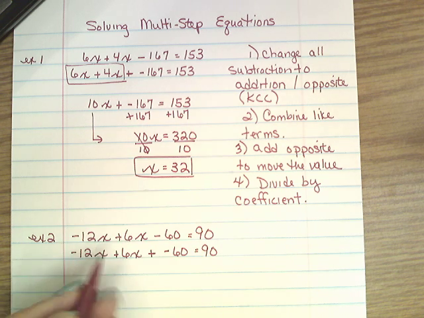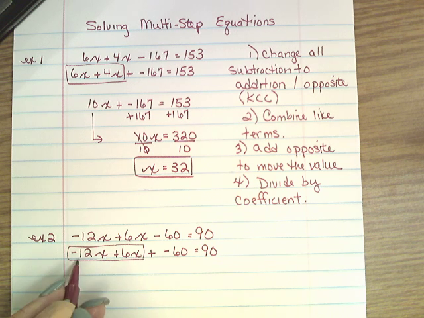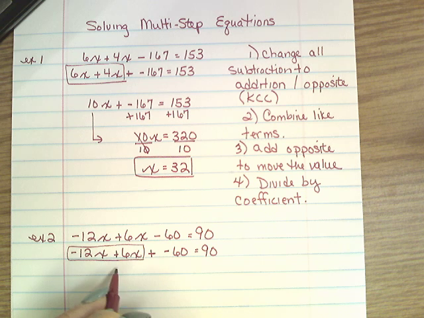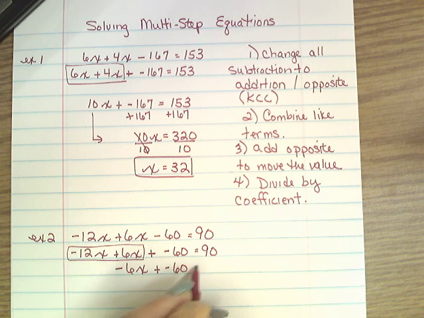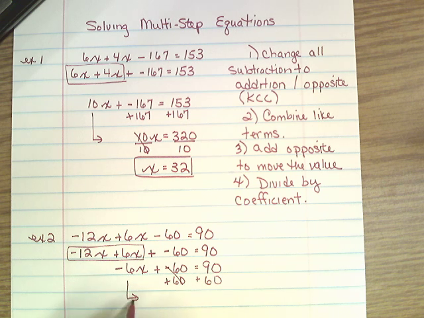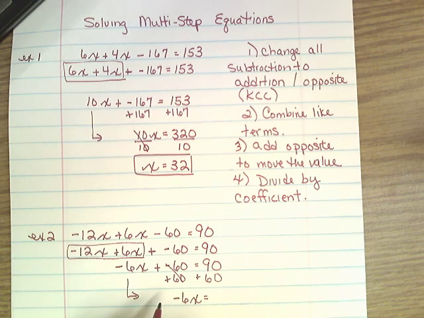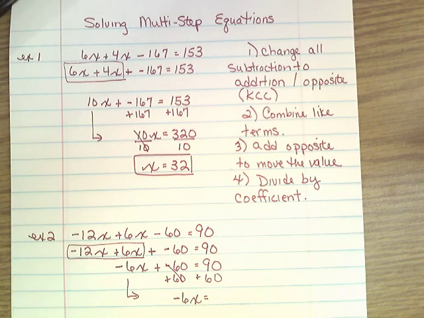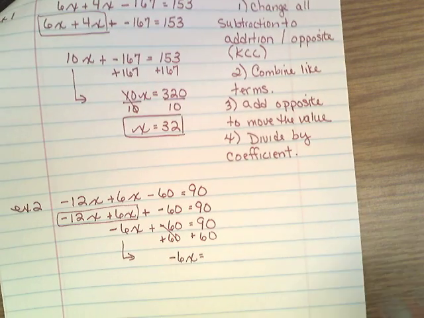The next step was to combine like terms. They both have an x. Negative 12x plus 6x is negative 6x plus negative 60 equals 90. Now it's a 2-step equation. Add 60 to both sides. I have negative 6x equals 90 plus 60 is equal to 150.